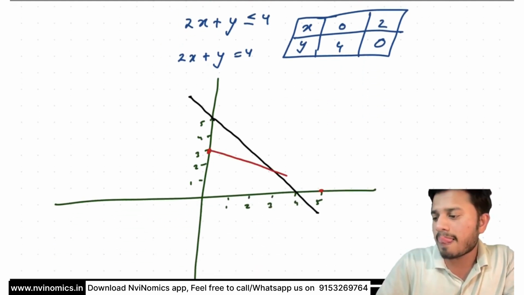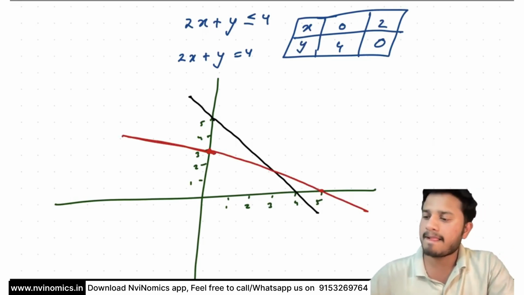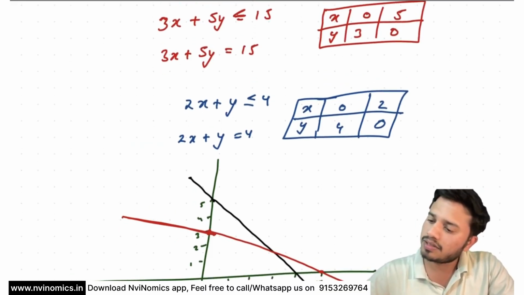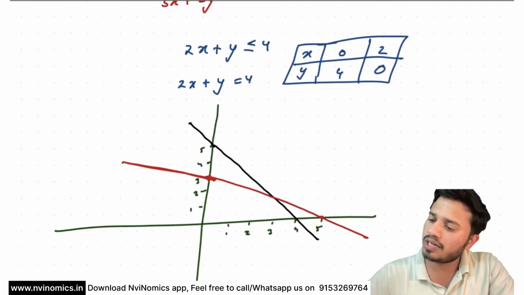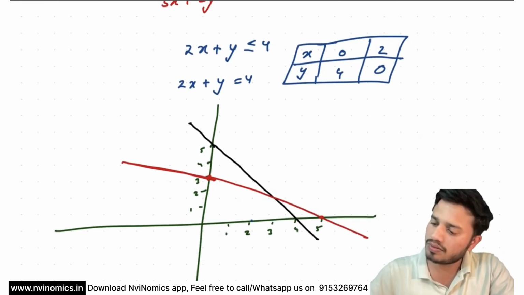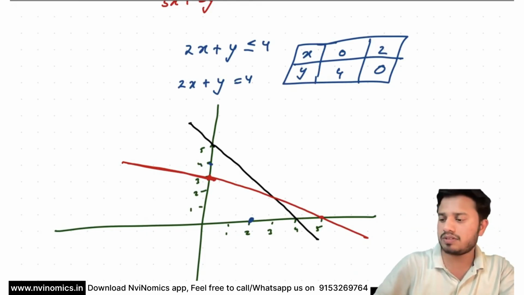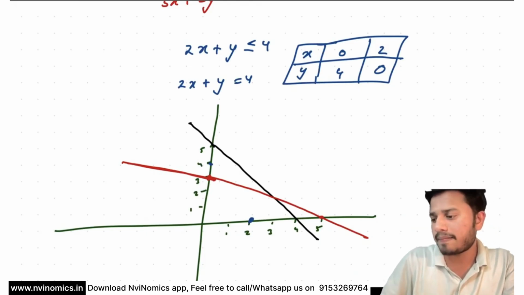So this is our second line. The third line is (0, 4) and (2, 0). So the third line is this.